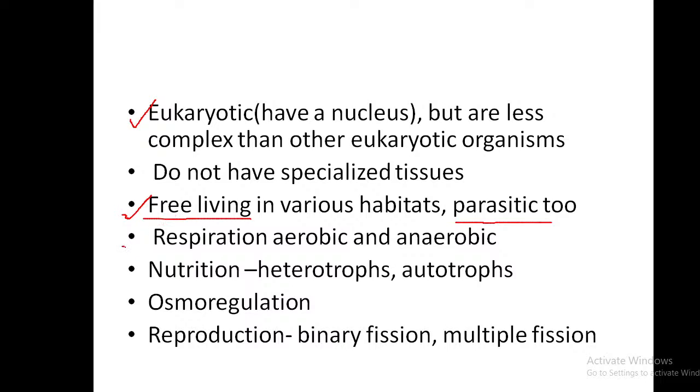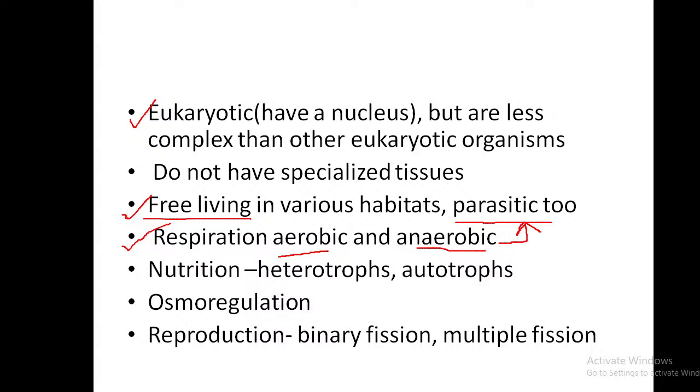Now coming to respiration. Mostly they are aerobic and few are anaerobic. Aerobic means they live in the presence of oxygen. Those living in freshwater are aerobic, those in terrestrial habitats are aerobic, and those in marine habitats are aerobic. Anaerobic is usually parasitic.